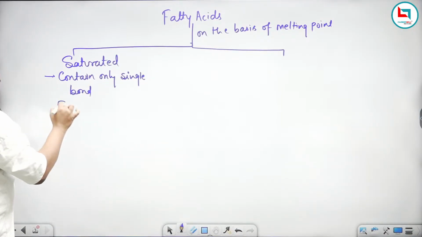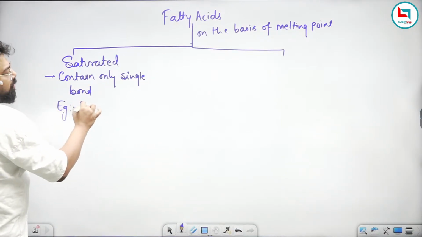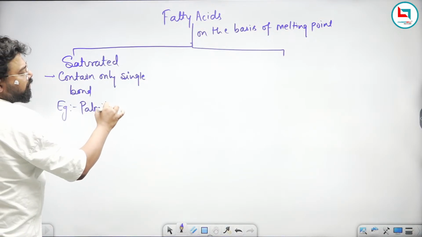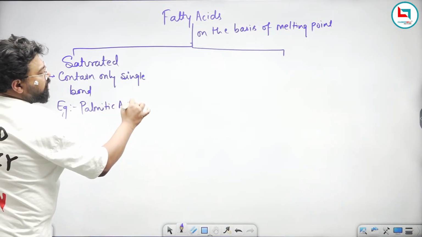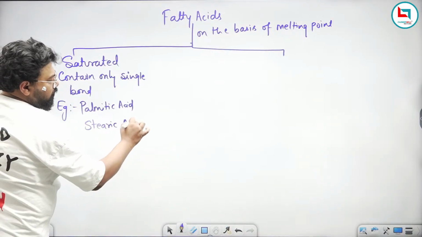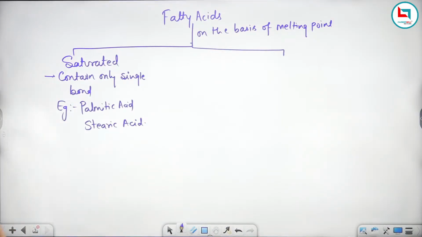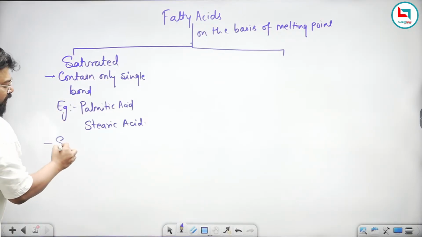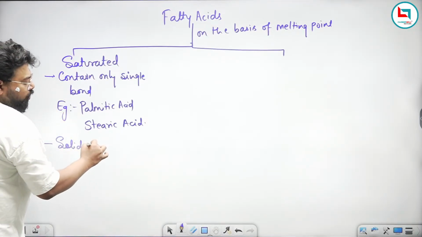The examples of these fatty acids are palmitic acid and stearic acid. And these fats are basically solid at room temperature.